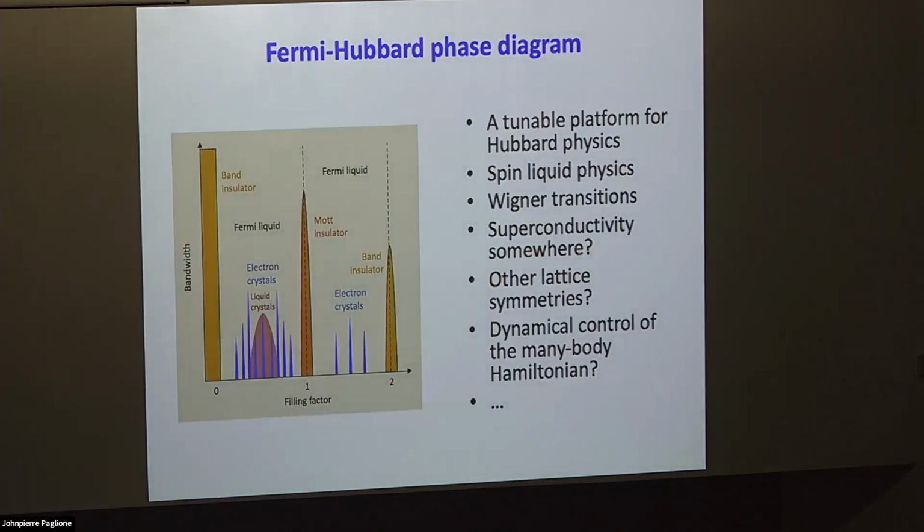And so I just want to mention that this is quite an interesting Hubbard system that a lot of things have been seen in by people in the past few years. For instance, I told you about the Mott insulator at filling factor 1 and the band insulator at filling factor 2. Yesterday you were told about a series of electron crystals spontaneously arranged into patterns at fractional filling factors.